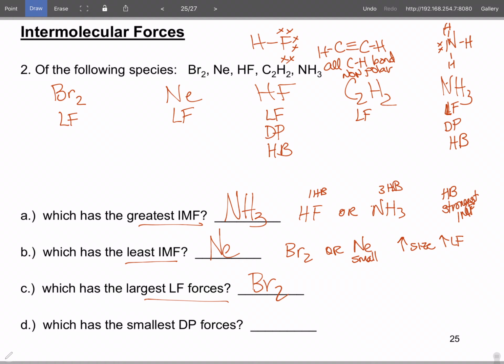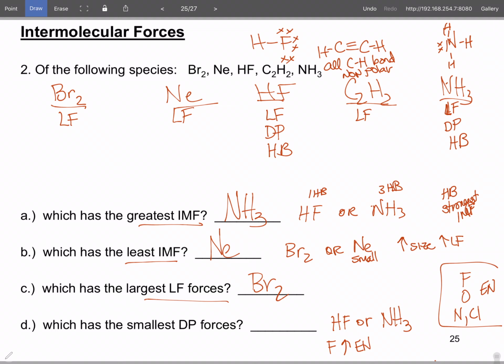And then the other question is, which one has the smallest dipole forces? Well, if we look at it, the only ones with dipoles are HF or NH3. So if you're looking at it, the dipole has to do with the interaction. Remember, if you're looking at electronegativity, then fluorine is much more electronegative than nitrogen.